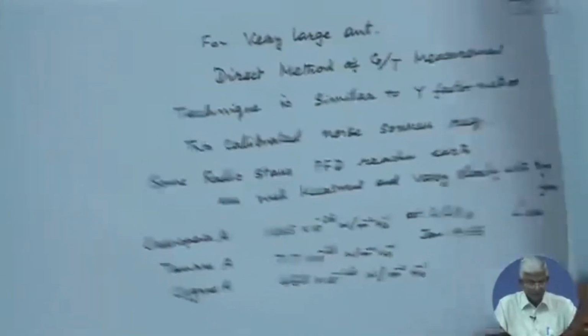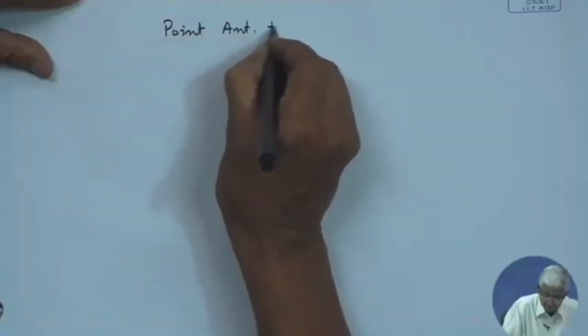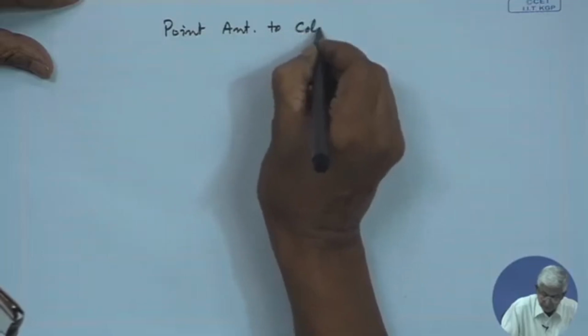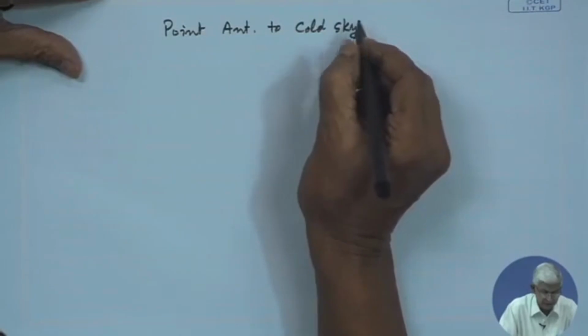So, let us see how the measurement is done. Point the antenna to cold sky, that means a direction in which the radio star is not there.